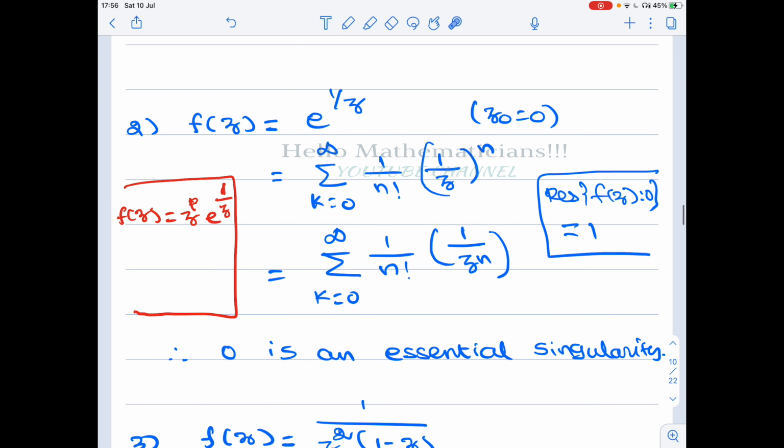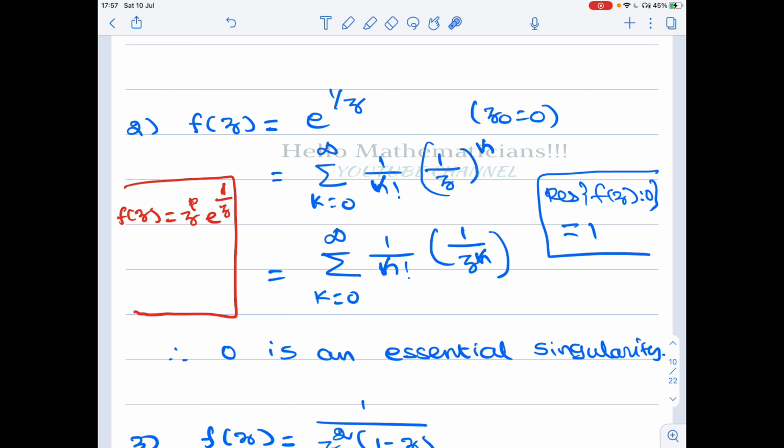Let's see a next example: e^(1/z). The series expansion of e^z is the summation of z^n/n!, but in place of z we have 1/z. So we substitute 1/z here, and we get the summation for k from 0 to infinity of (1/k!)(1/z^k).